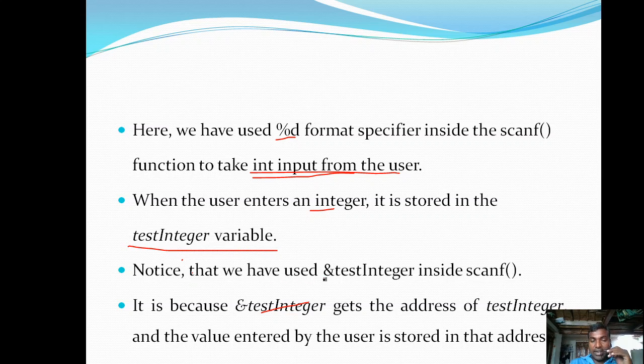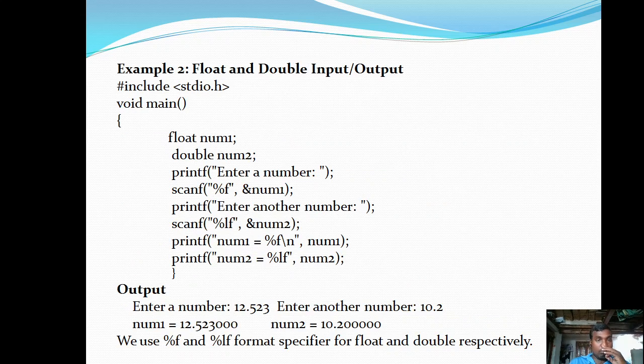Notice that we have to use the address of test integer, ampersand followed by the variable name, inside the scanf function, because it gets the address of test integer, and the value entered by the user is stored at that particular address.